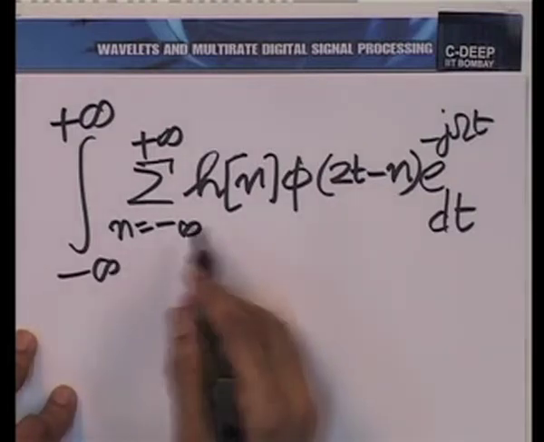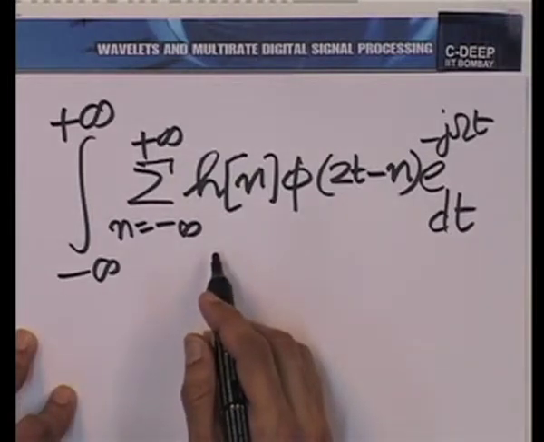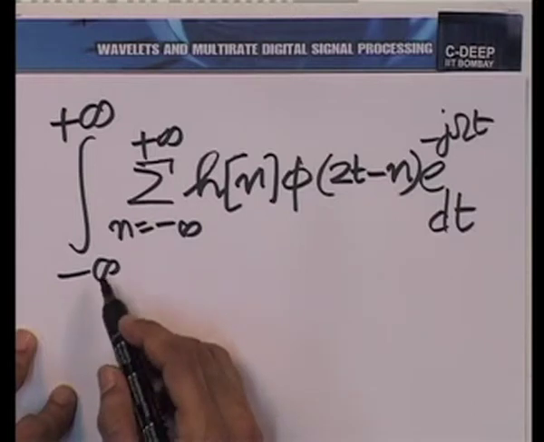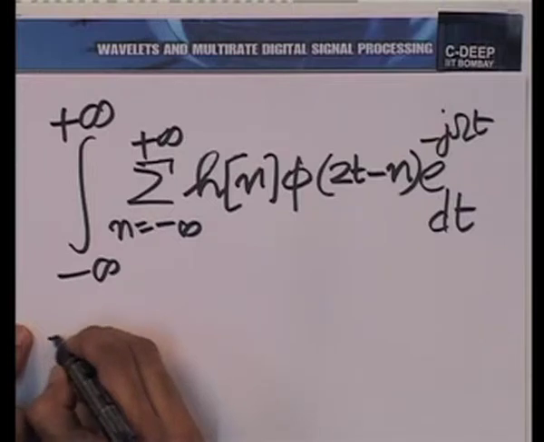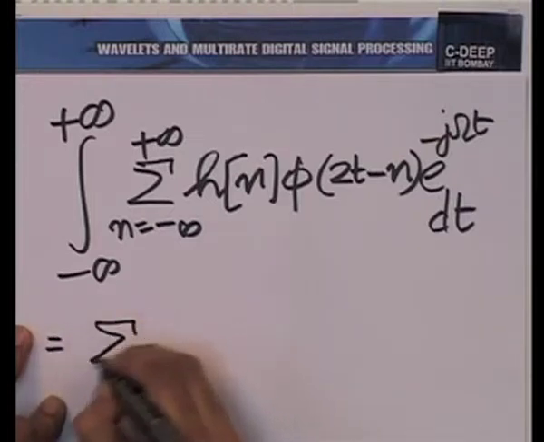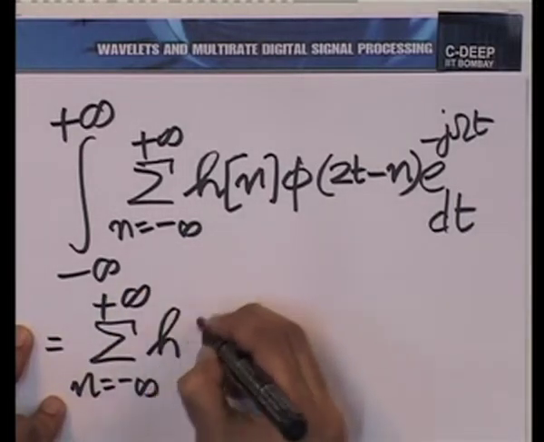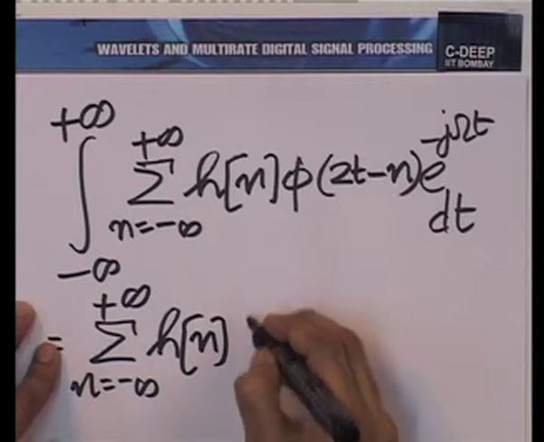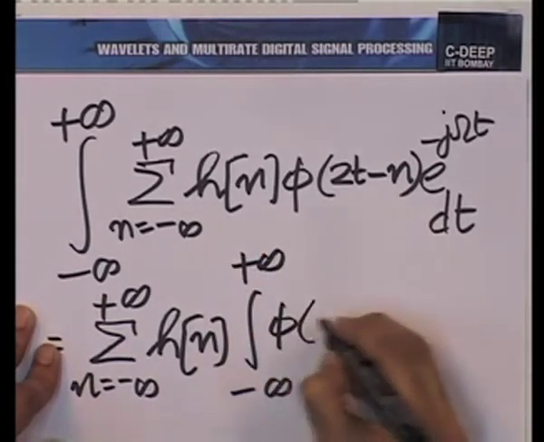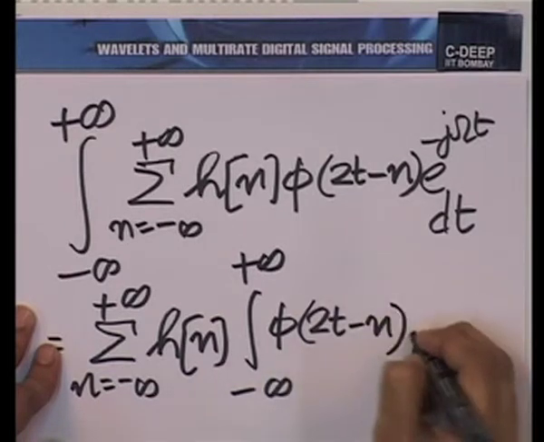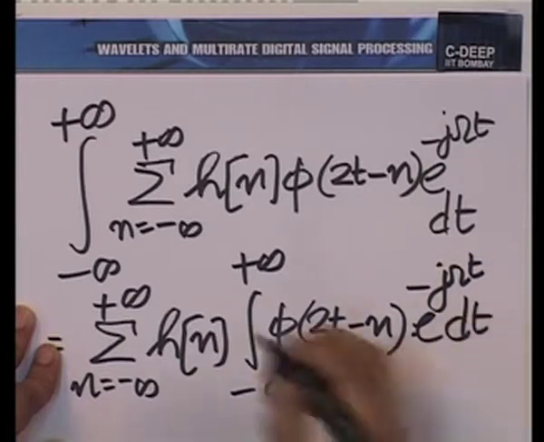Now, let us see, if this converges, which it does because it is the Fourier transform of phi(t), we could interchange the order of summation and integration. So, we would have this is equal to summation n going from minus to plus infinity h[n] integral from minus to plus infinity phi(2t minus n) e raised to the power minus j omega t dt.